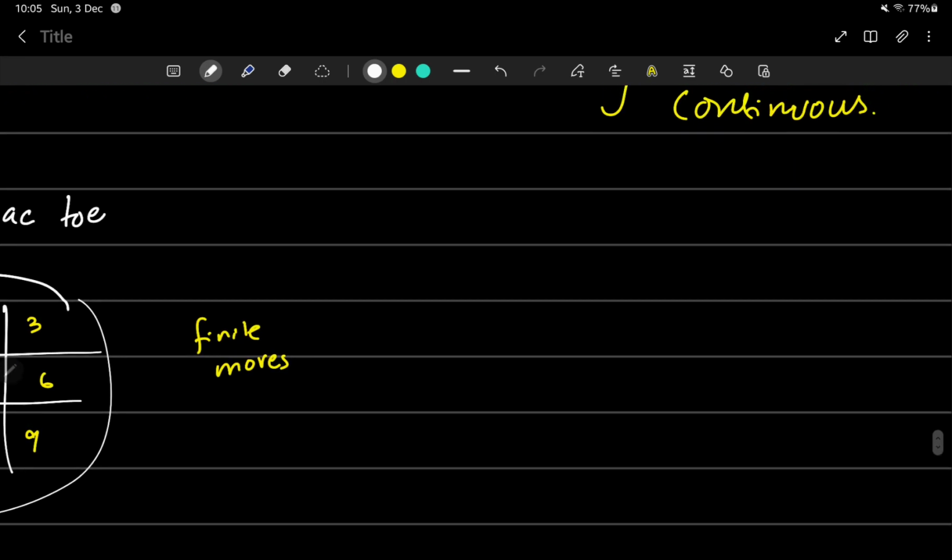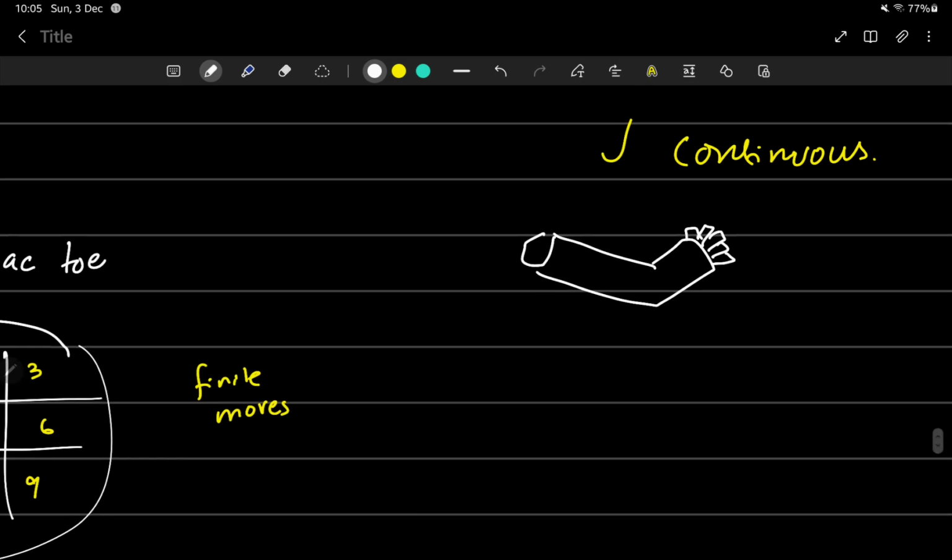So an example for this might be a robotic arm. Now this might be a bit confusing, but I'll explain. When you're controlling a robotic arm, there are infinite angles that you can use, right? You can put it in an infinite number of possible values.